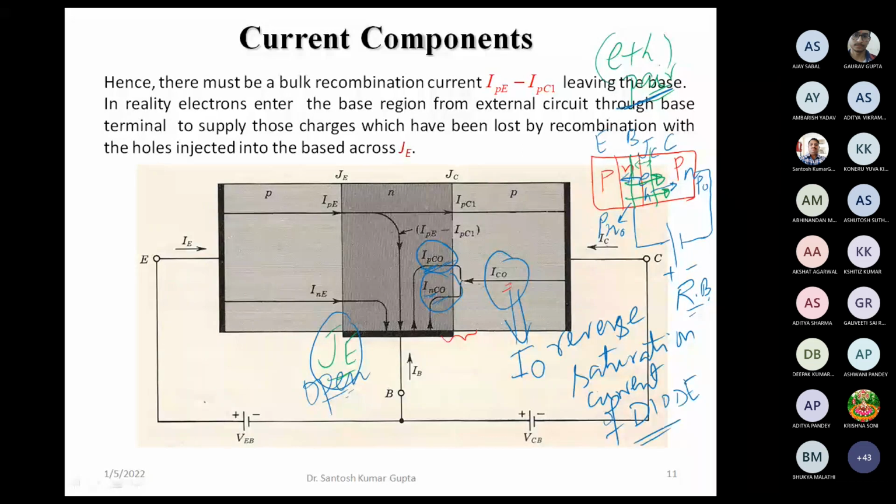So I0, which we have seen, is the same here as ICO. Due to the reverse biasing of the collector junction, we have a current component ICO, and due to the forward biasing of the emitter junction, we have a current called IPC1.